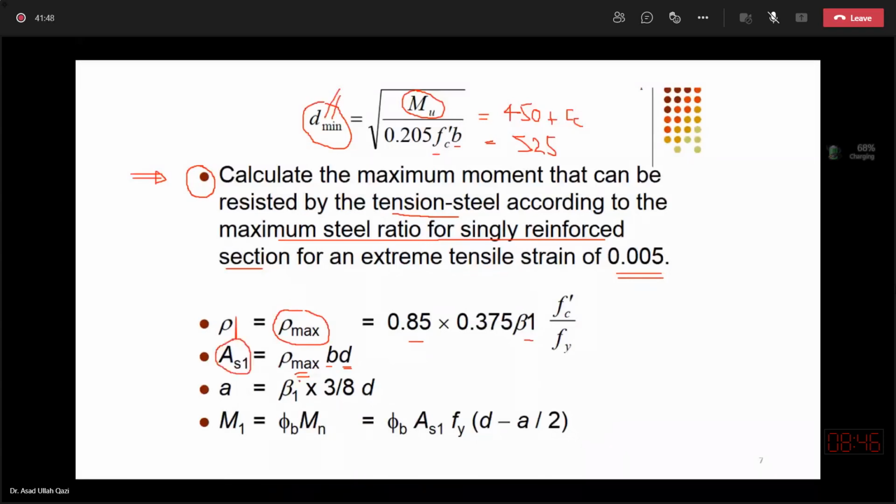As1 means the area of steel which is based on the rho max of singly.